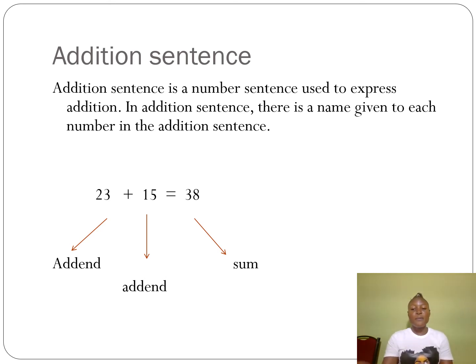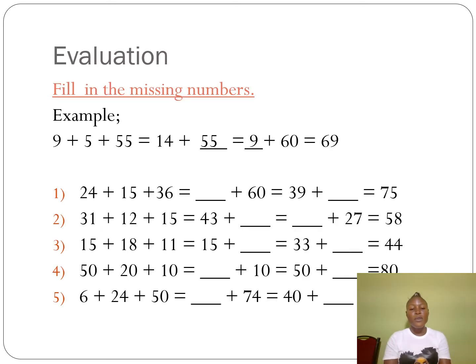Good. Let's move on to the questions of the day. Now you are to fill in the missing numbers. Example, we have 9 plus 5 plus 55 equal to 14. The 14 there tells you that the 9 plus the 5 is giving you 14.